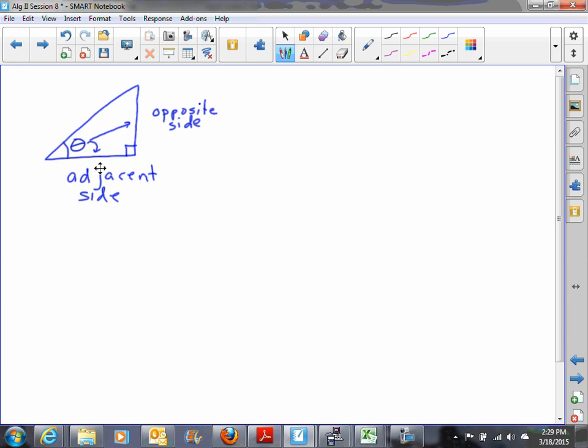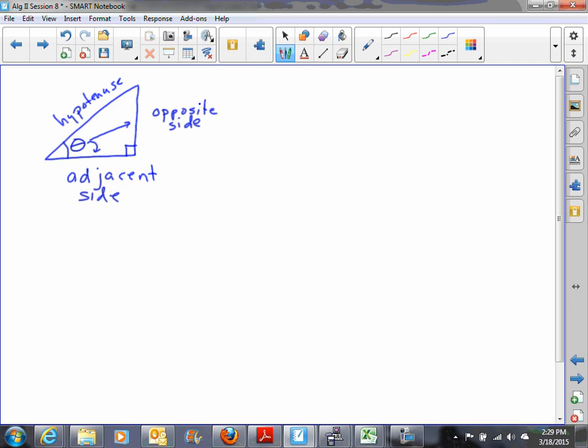And then of course the side that is the hypotenuse we call the hypotenuse. So many times we'll just say the opposite, the adjacent, and the hypotenuse. Now, trigonometric ratios have been defined based upon right triangles, an angle, and these names for the sides.